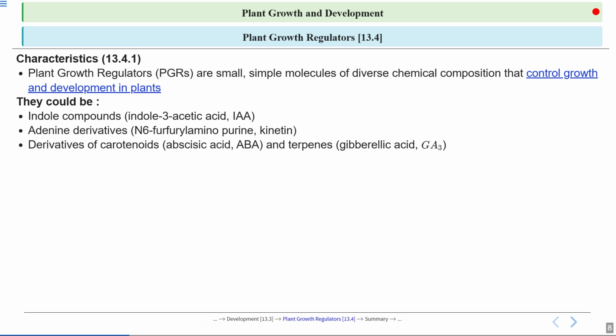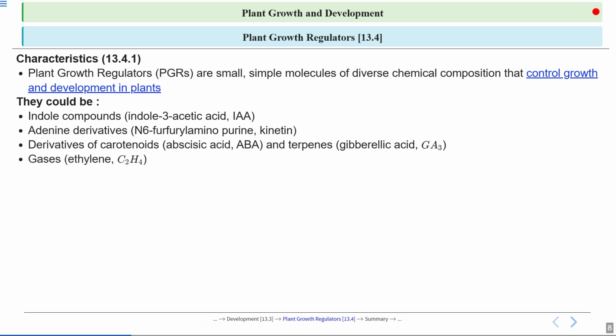So carotenoids transform and form the abscisic acid. Terpenes transform and form the gibberellic acid. And one of the very common gibberellic acids is GA3, because there are many types of gibberellic acid. It is extracted from the plant, and the one which is very common is GA3.